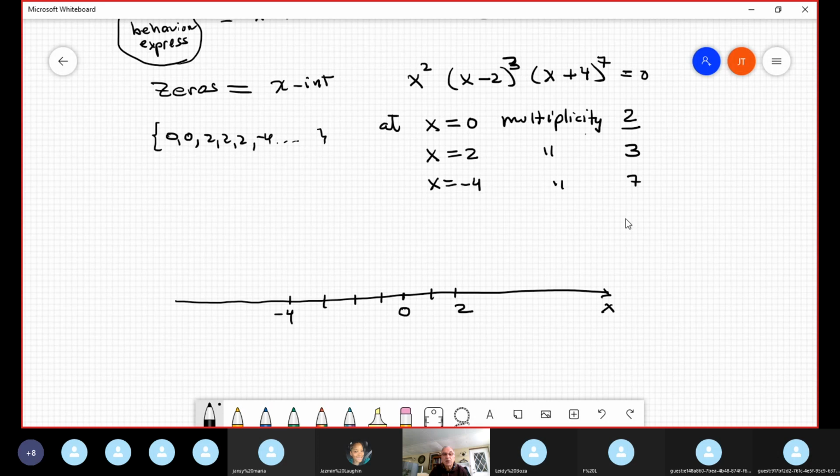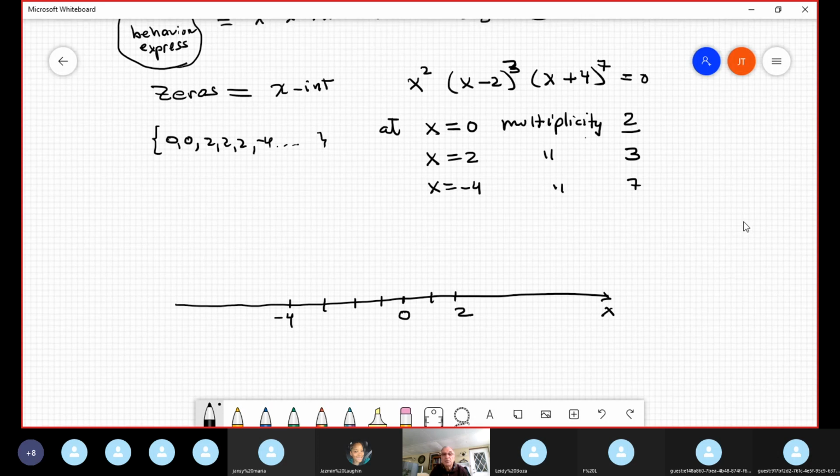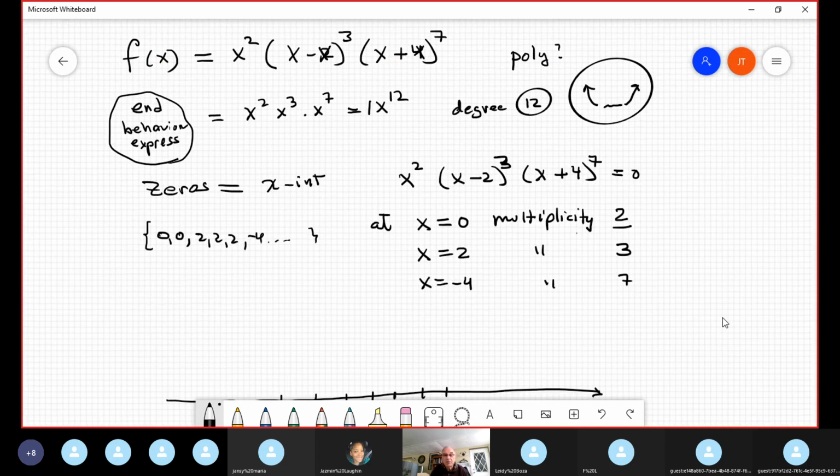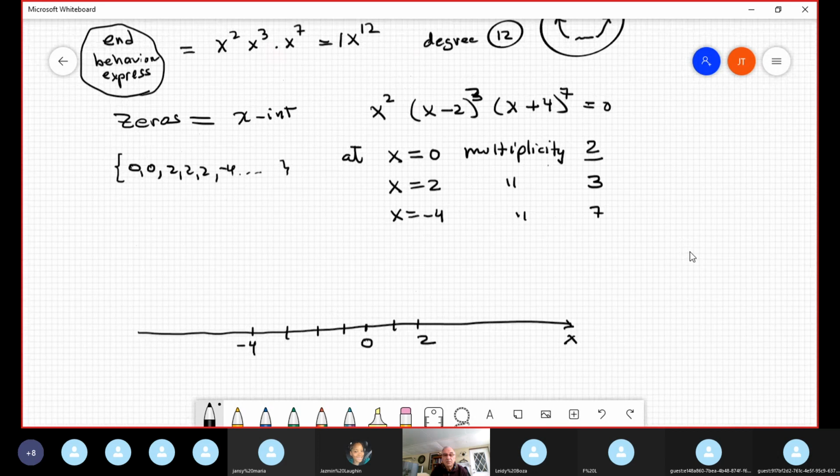I know the end behavior looks like that. So I know that our graph at x equals positive infinity, here at x equals negative infinity, looks like that.